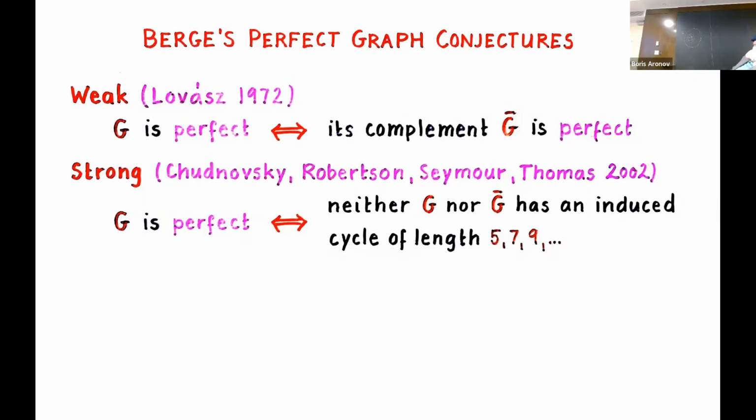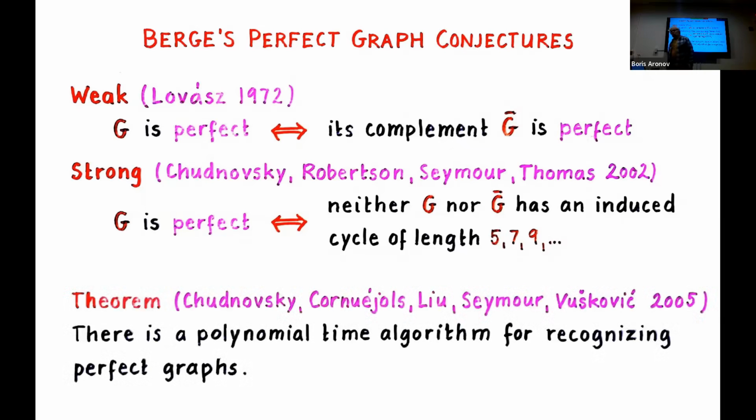So this was the strong perfect graph conjecture. Of course, by the definition, you see that it's symmetric with respect to taking complements, and this is in fact reflected by the weak perfect graph theorem. It took actually 30 more years for Chudnovsky, Robertson, Seymour, and Thomas to prove the strong perfect graph theorem, but now we know that.